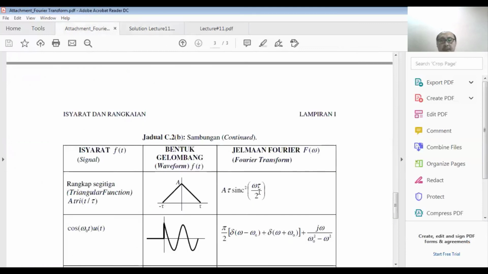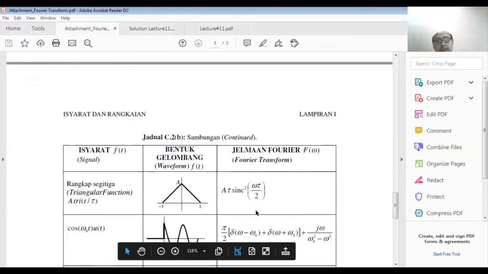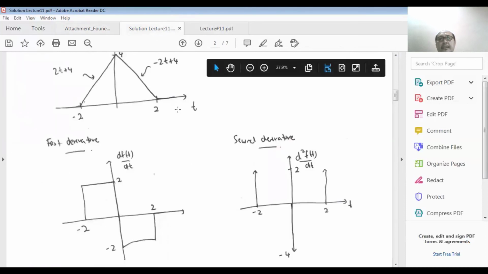Yeah, we have a sinc squared term there, right? So it should be simply j omega multiplied with this expression. Okay, so that is the property of differentiation.